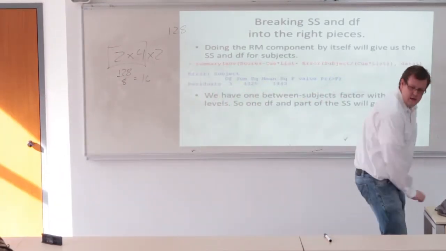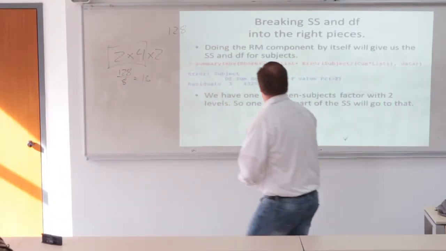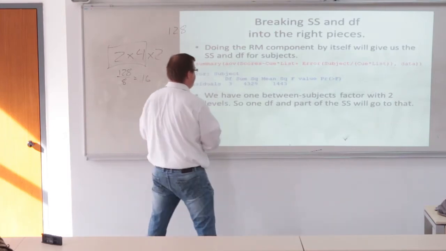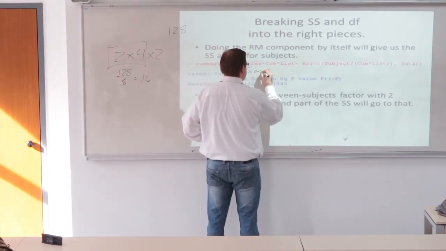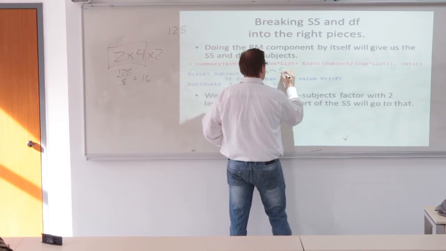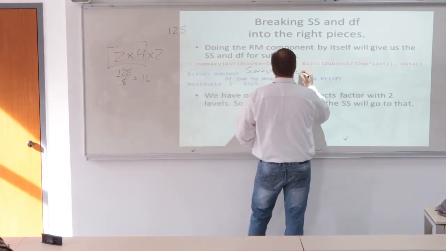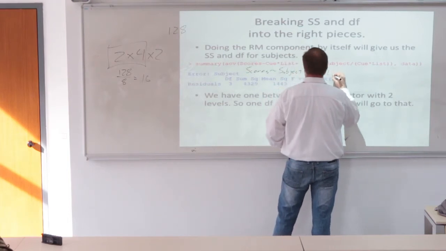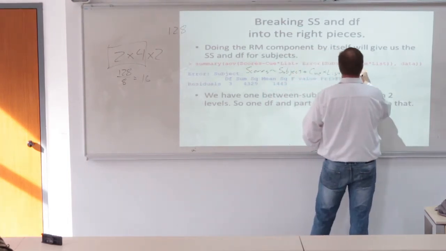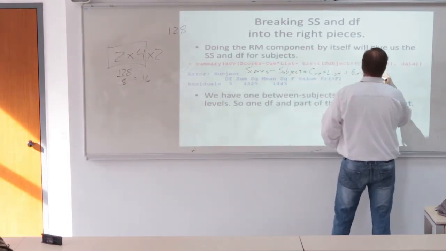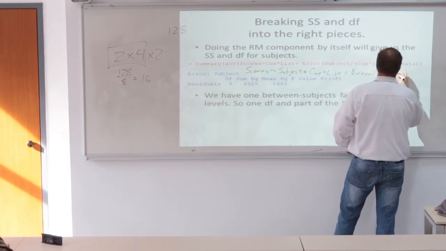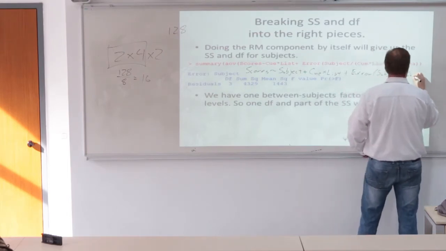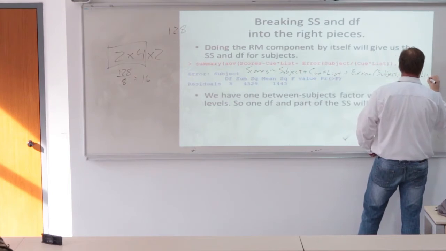Okay, so last class I built a model that was a little bit different from this. It said scores is modeled by subject plus Q times list plus error, subject nested within Q times list.